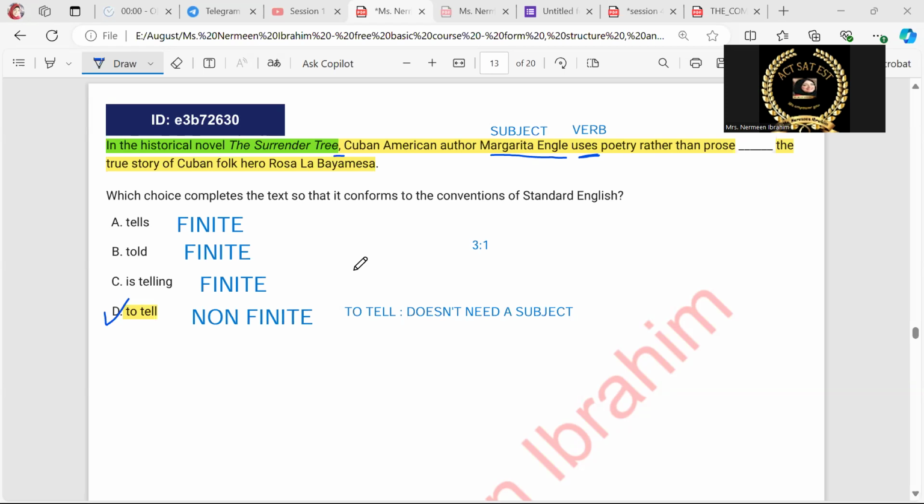As long as the form of the verb can make a main verb, that's finite. Any form that doesn't give you a verb tense or doesn't change when you change the subject is non-finite. Like to tell, like telling. What else?